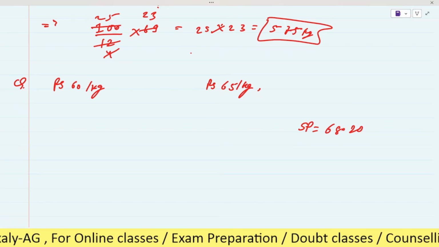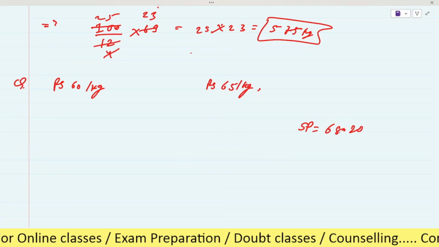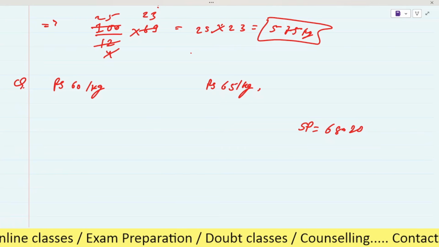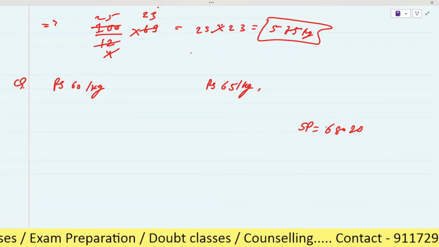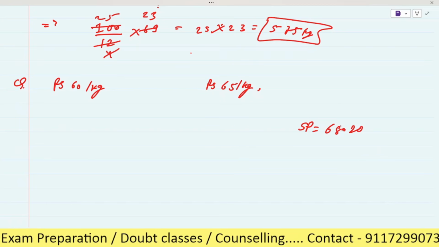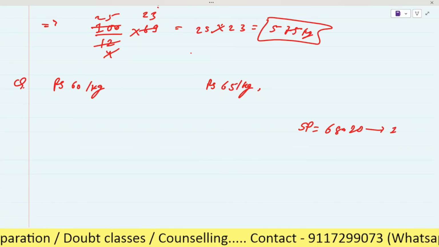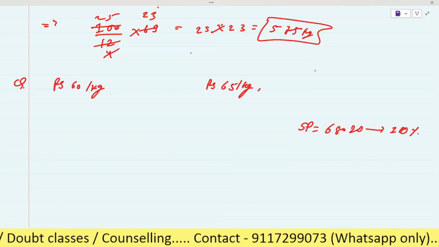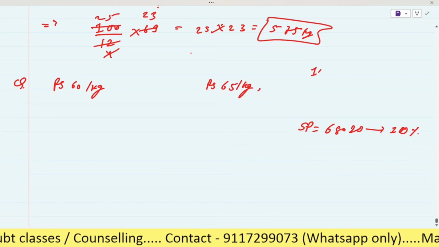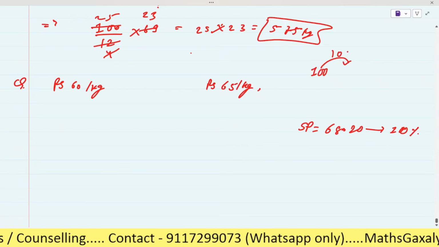So first we have to use this 68.20, which is the selling price, to find the cost price of the mixture. When he sells the mixture at 68.20 he gets a profit of 10%, right? Suppose a product whose value is 100 rupees, on selling it we are getting 10% profit.